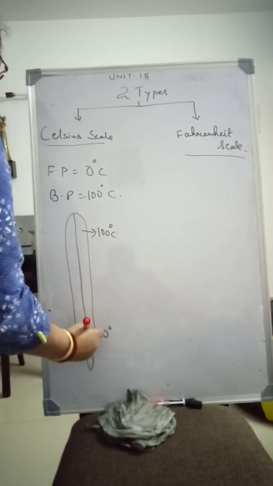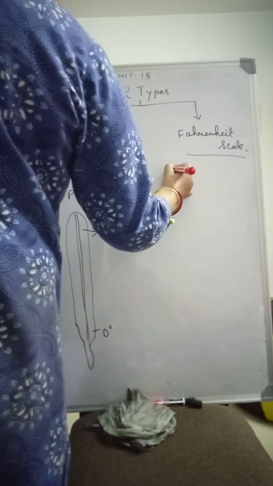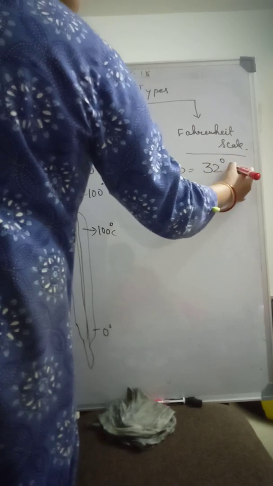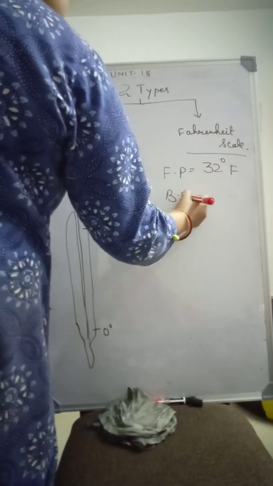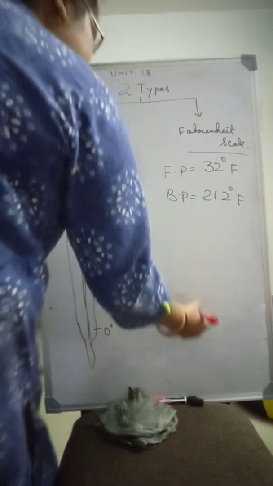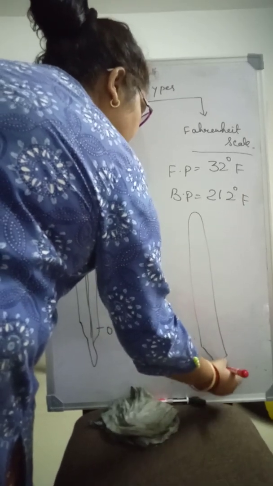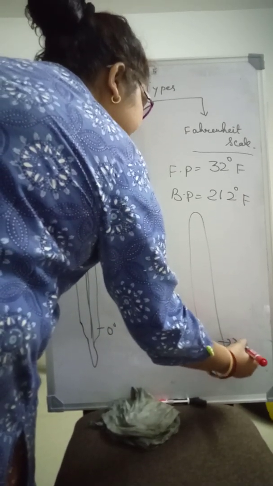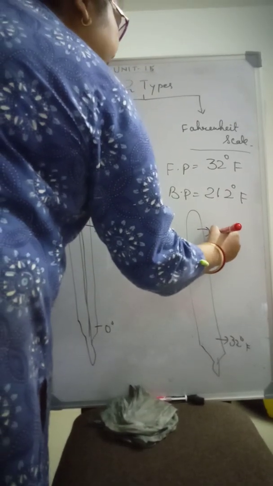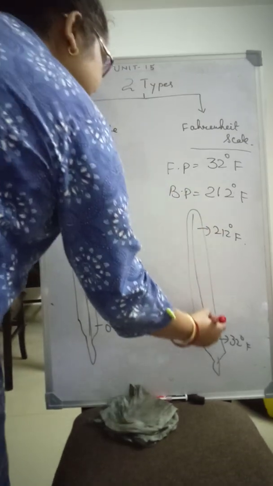And in case of Fahrenheit, the freezing point is 32 degree Fahrenheit and the boiling point is 212 degree Fahrenheit. It means the lowest point starts with 32 degree Fahrenheit and it ends at 212 degree Fahrenheit.